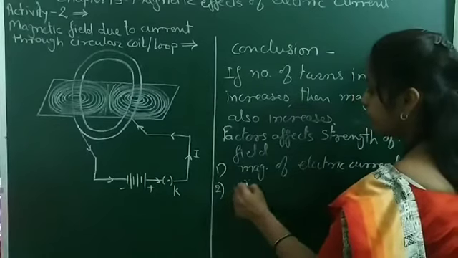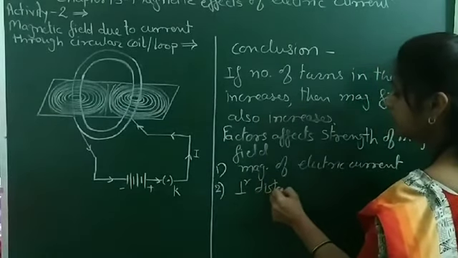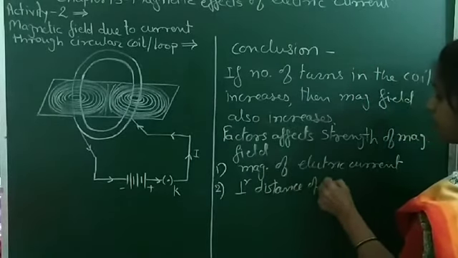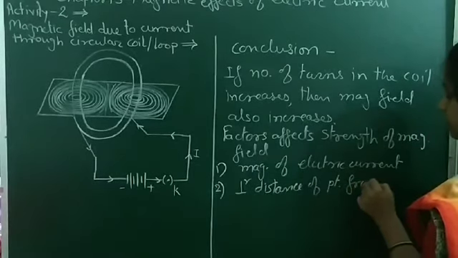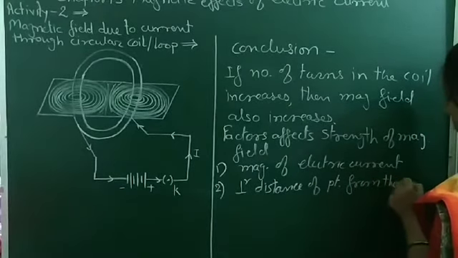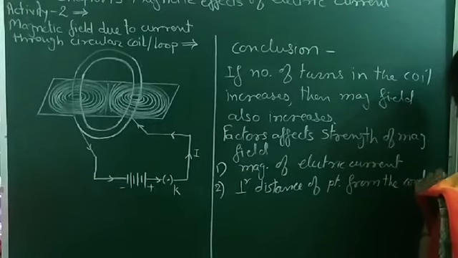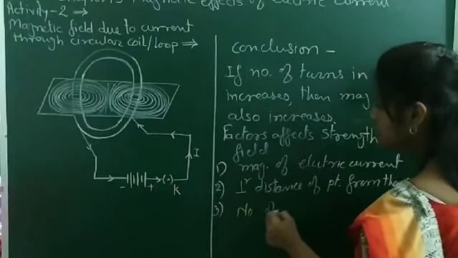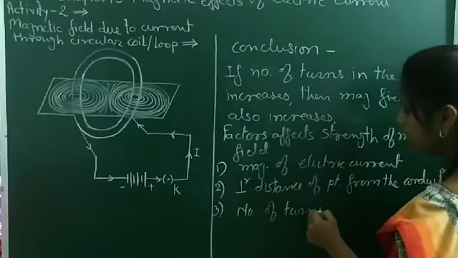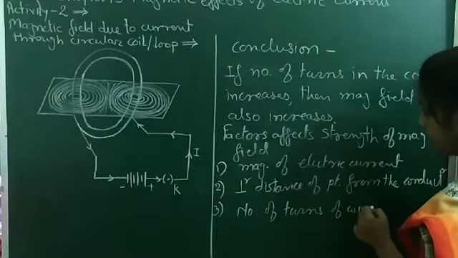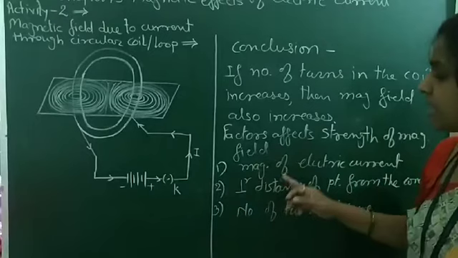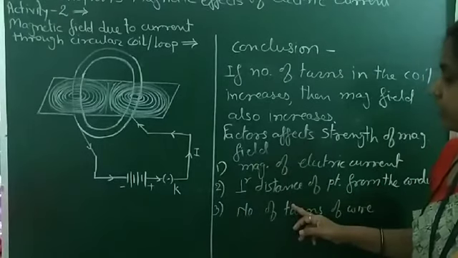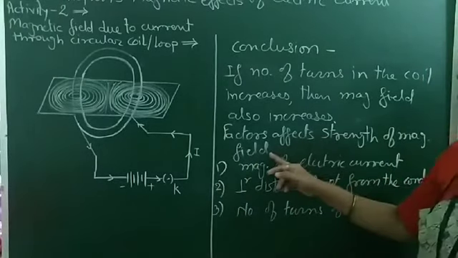Second, the perpendicular distance of a point from the conductor. And third, the number of turns of wire. So these are the three main factors which affect the strength of the magnetic field.